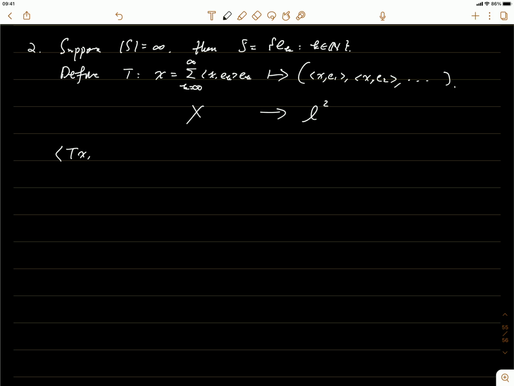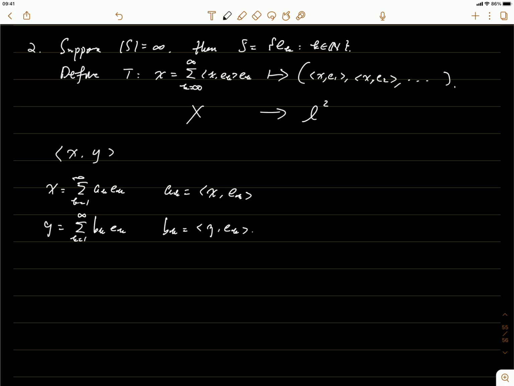For x and y themselves, I can write x as the sum of a_k e_k, and y as the sum of b_k e_k, where a_k is the inner product of x and e_k, and b_k is the inner product of y and e_k, for any k.